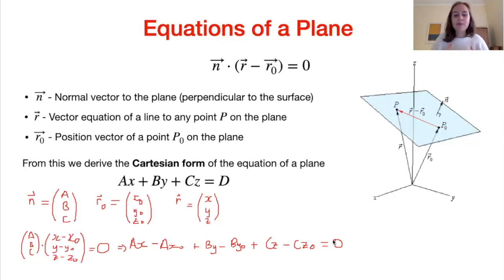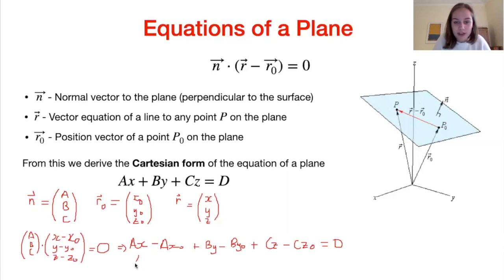Okay, so we said before that we know what the A, B, and C components are, and we know what these coordinates x0, y0, and z0 are. And what we want to find is the set of coordinates x, y, z, which are the points which lie on our plane. So on the left-hand side of this equation, we're going to keep all our terms which include those coordinates of any point on the plane, so our x, y, z, and to the right-hand side we're going to move all the terms which we can calculate if we know the point on a plane.